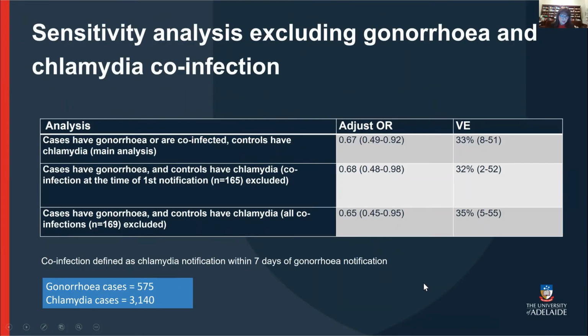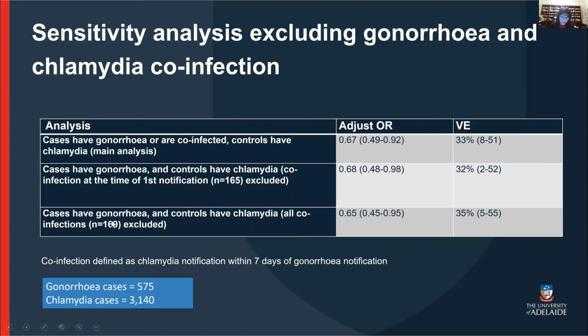So we're interested in this question about co-infection, whether we would see a reduction in vaccine effectiveness in co-infection cases, and you'll see here we actually didn't see that. Where we looked at gonorrhea and co-infection, we really believe this is a better real world assessment, because you're always going to have people who are co-infected, rather than separate them out.